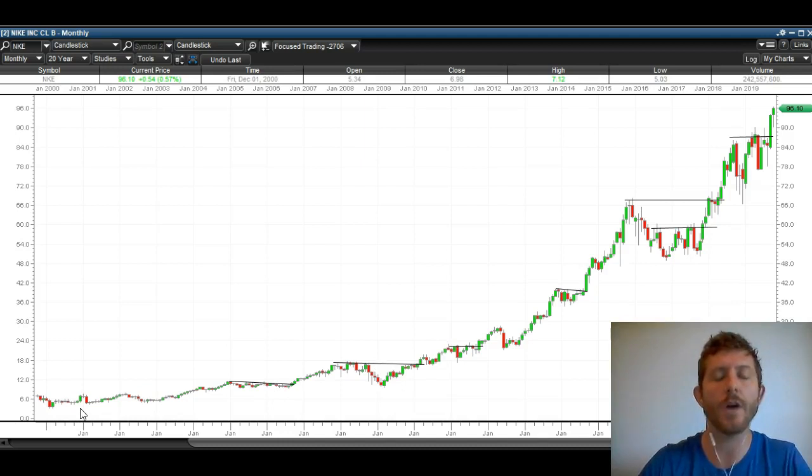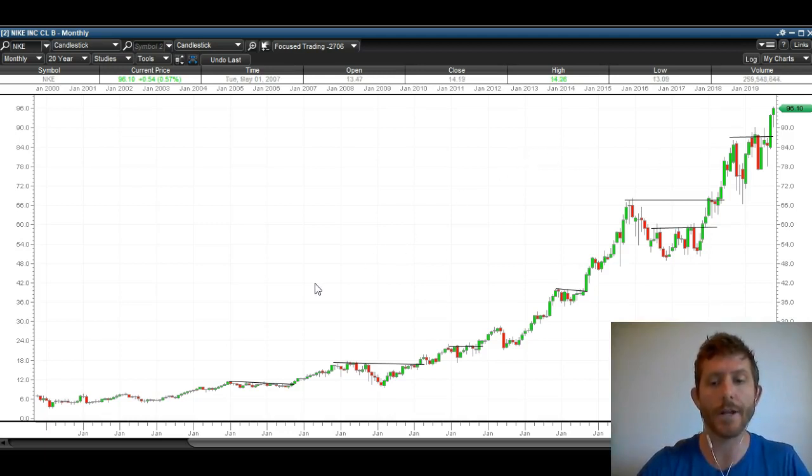At least 6 other instances where Nike breaking over a flat top resistance has headed higher. And again, do you think that the market can head lower with stocks like Nike, Apple, JPMorgan, and Google all breaking out? Do you think that that is possible? I'm not even going to answer that for you, but I hope that this has really made sense for you.